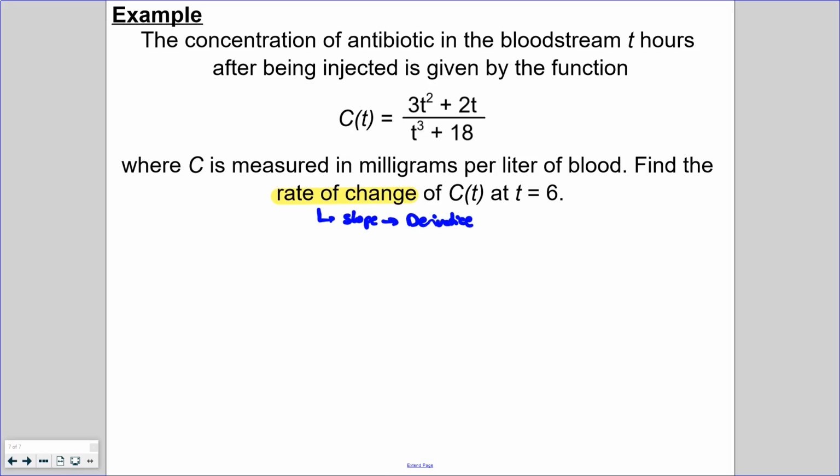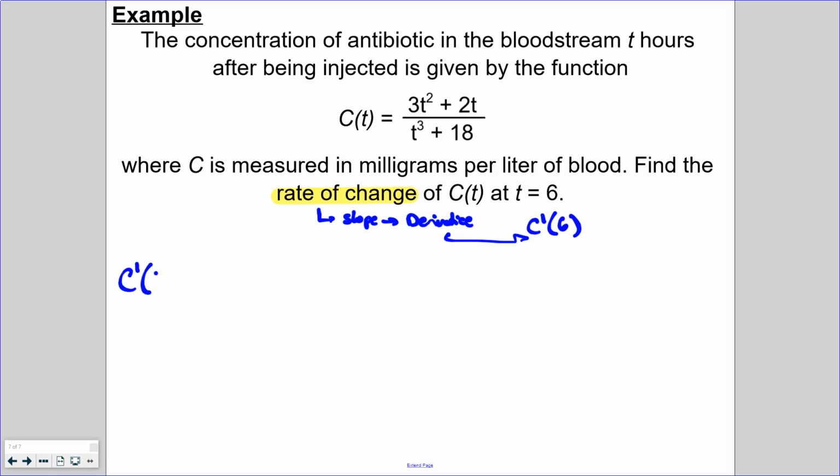So what are we actually trying to do? Well, we are trying to find the derivative of c when t is equal to 6. So we are trying to find c prime of 6. So that's what this question is asking, and it's just filled with other real-world applications to give you an idea of how the quotient rule can be applied. But first, let's find the derivative.